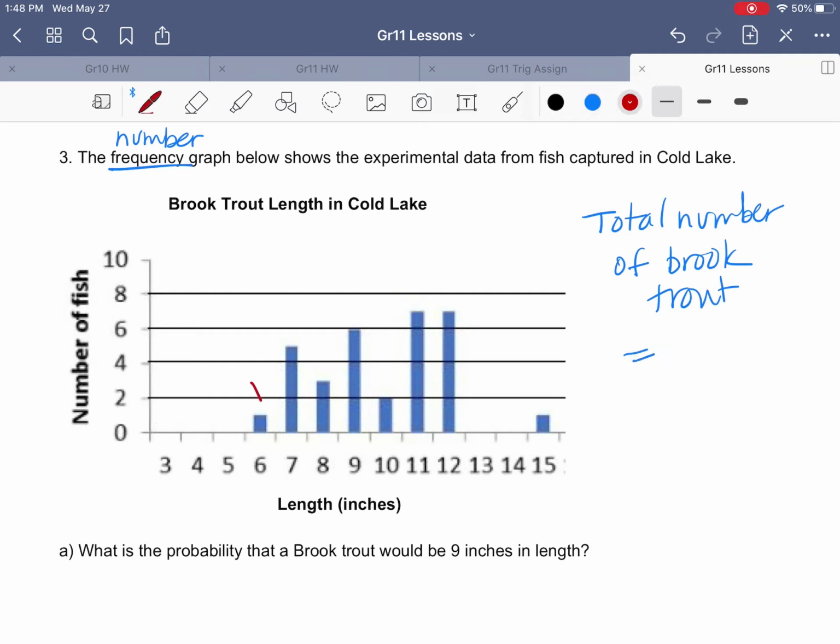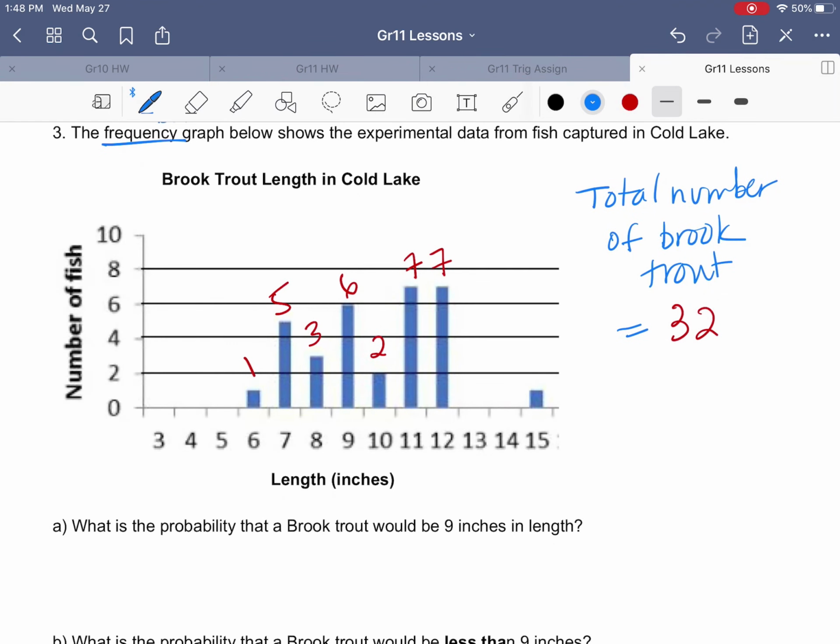Our first bar has 1, our second has 5, our third has 3, and they're not really columns, they're bars of a bar graph. We have 6 and 2 and 7 and 7. If we add all of those together, we get 32 brook trout in total. So we're going to be using that number.